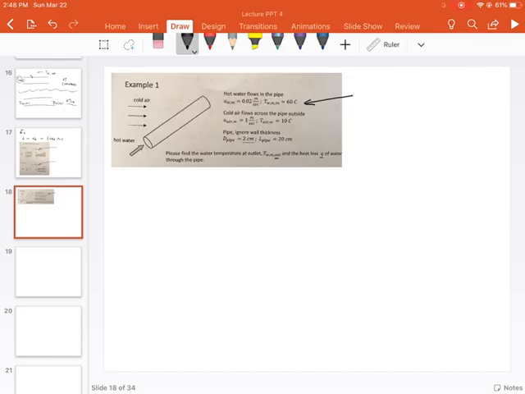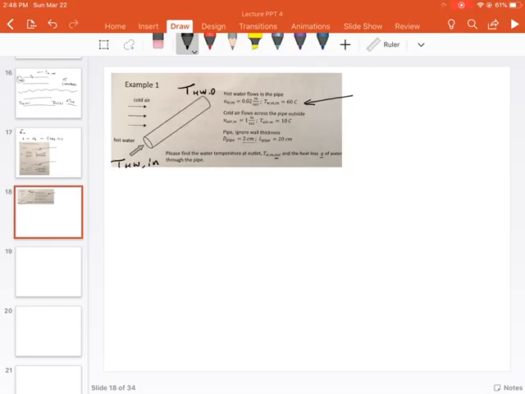So again, just write a few things. So we know that this is the hot water, but this hot water temperature is at the entrance. So we know the hot water at the entrance, but we want to find out the hot water at the outlet.